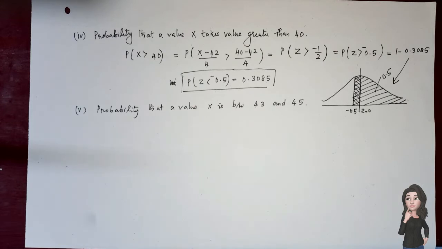Now, another part of the question is to find the probability that a value x is between 43 and 45.